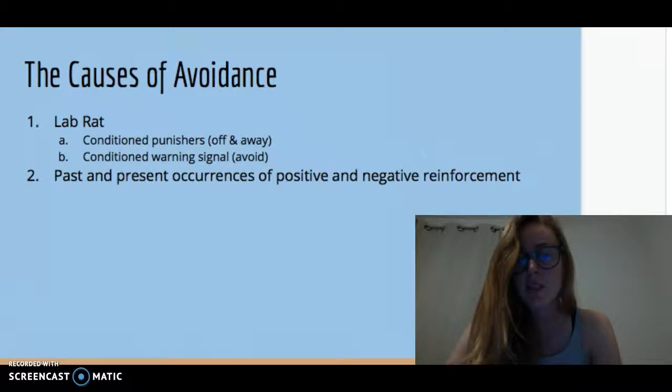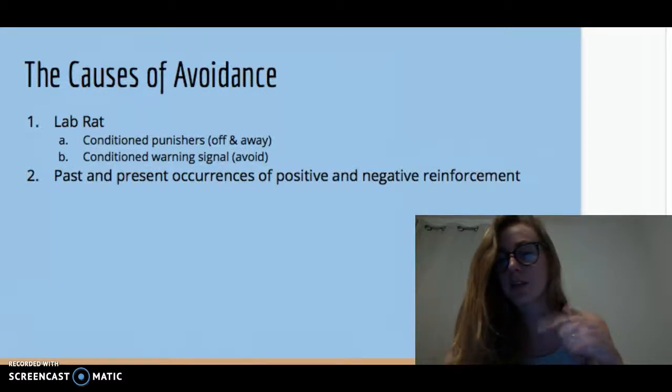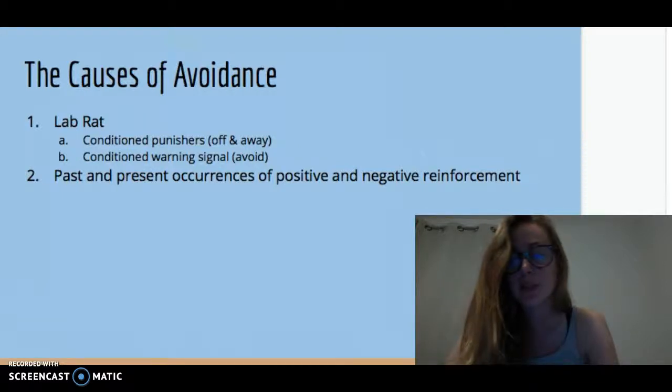Eventually, the darkness represented a safe place, the dim light represented a warning, and the warning would signal for the rat to press the lever. This would happen after several repetitions, and ideally, the rat would learn to press the lever to avoid shock.